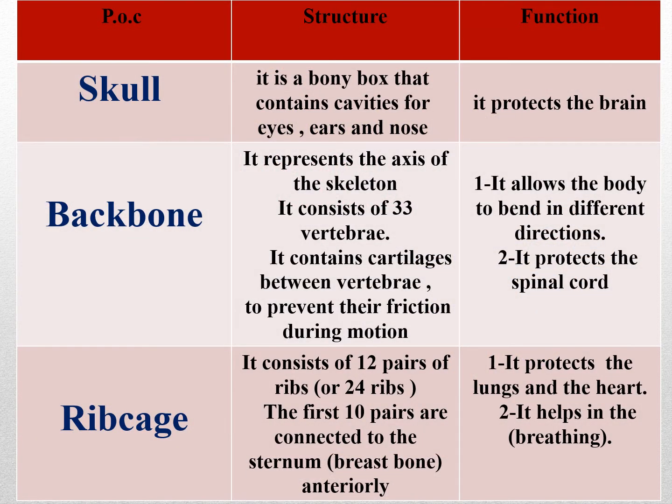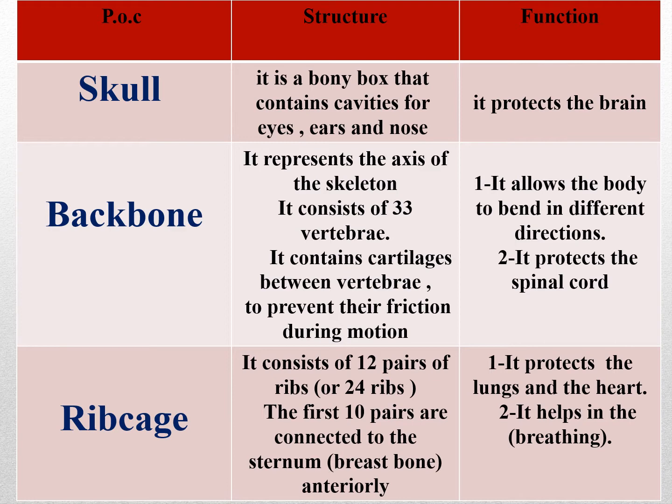Now I'm going to start a comparison between the three parts of the axial skeleton according to the structure and function. First, skull. It's a bony box that contains cavities for ears, eyes, and nose. The function of the skull is to protect the brain.